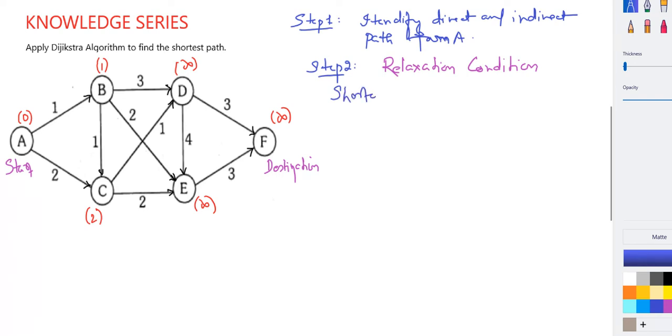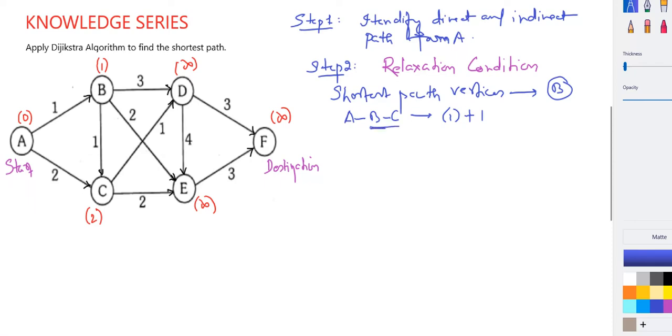So the shortest path vertex is B. With respect to B, we will look for the neighboring nodes of B, and what is the distance with respect to A. So if we write A, B, C, we find that the weight is 1 plus 1, that is BC.